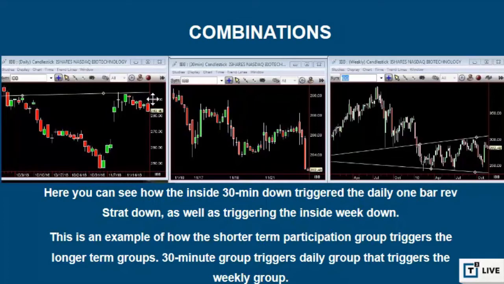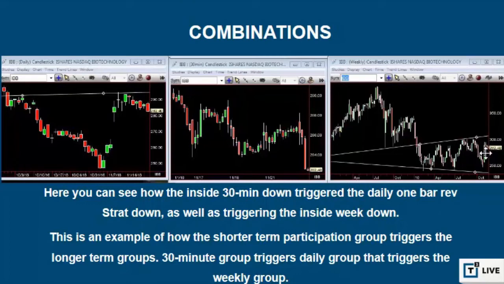So remember, the 1-bar rev strat is going to reverse that inside bar to the downside in 1 bar. Therefore, if this goes 30 down, this combination will trigger the larger daily group by going 1-bar rev strat to the downside. This is really tight to see, so you're going to have to take my word for it.